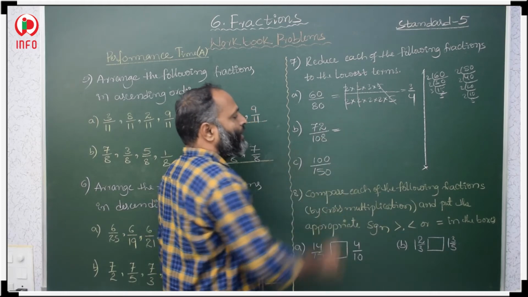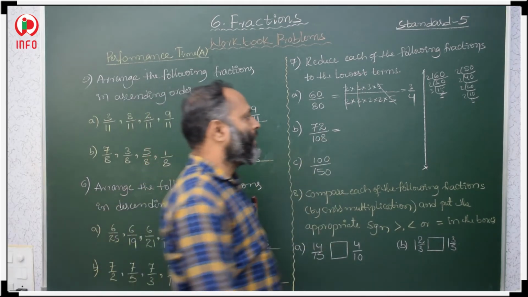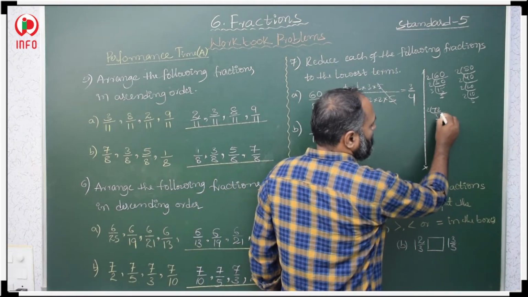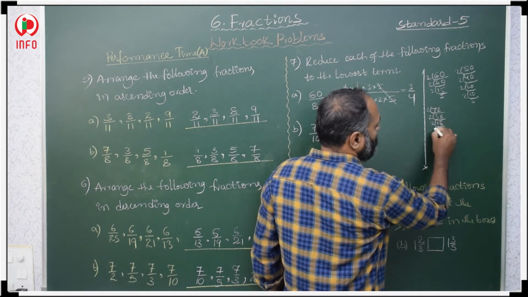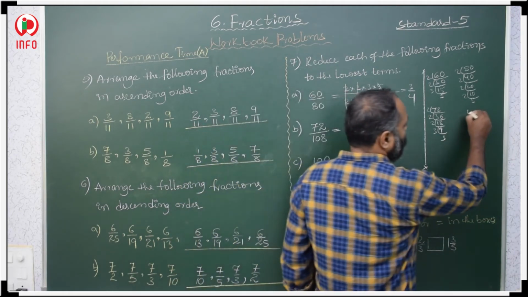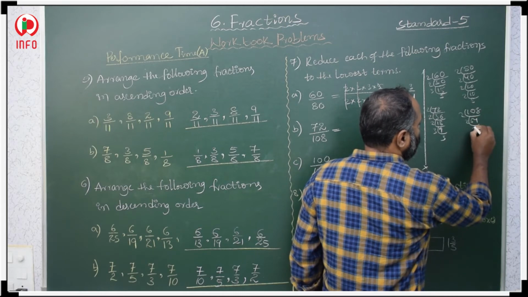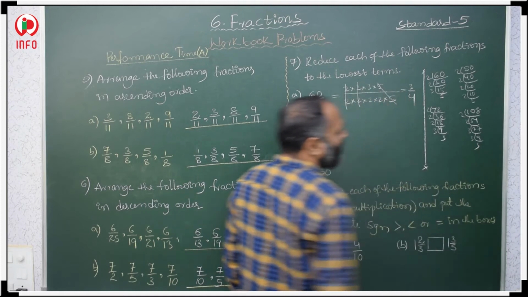Then here 72 and 108 also. So, we have to write this in lowest terms. First you have to take the prime factors of 72. 2 36s are 72, 2 18s are 36, 2 9s are 18, 3 3s are 9. And for 108 also we have to write the prime factors. 2 54s are 108, 2 27s are 54, 3 9s are 27, 3 3s are 9.